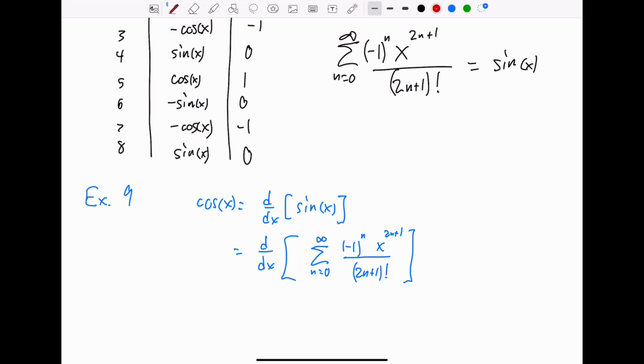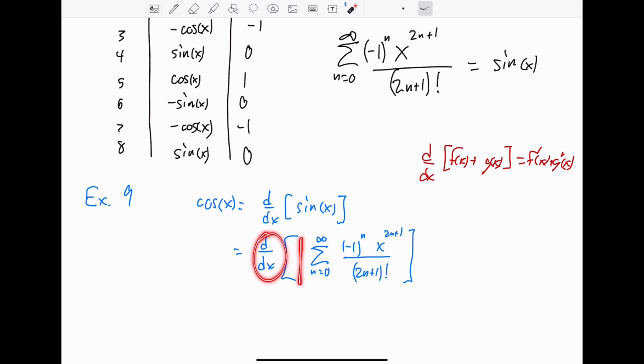This is the same as saying if I take the derivative of a function f of x plus a function g of x, I can independently take the derivatives of f and g. This is the same as f prime plus g prime. I'm just independently taking derivatives and then adding the results. This works if I'm adding. It doesn't work for multiplying. That's why we have the product rule. But here, the sigma notation is just addition. So if I'm taking the derivative of a sum, that's equal to the sum of the derivatives.